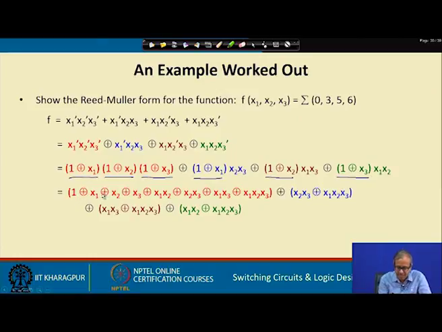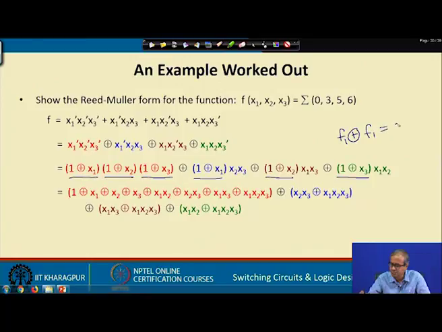Now, you see I have an XOR of so many terms. So, now you can apply that rule that any function or subfunction XOR that same subfunction is 0. So, I can cancel them out. Let us see which terms are getting cancelled out. One x1 x2 x3 here and one x1 x2 x3 here get cancelled out. So, one x1 x2 x3 here and one here get cancelled out.